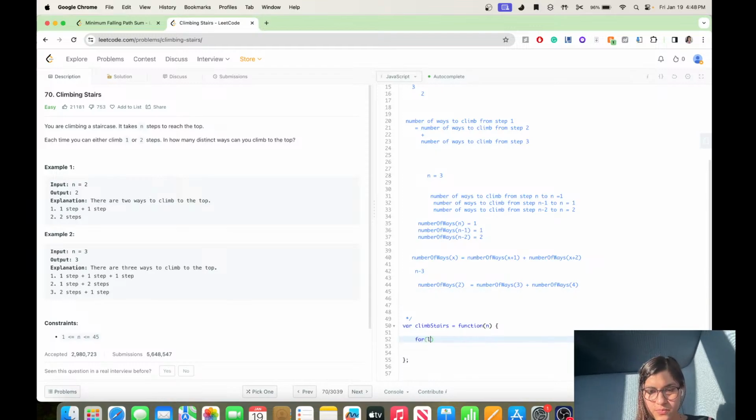So let's do, let i is equal to n minus 2, i is greater than or equal to 1, so I will go till 1, right? And i minus minus, or I can say step is equal to n minus 2 and step is greater than 0, step minus minus actually.